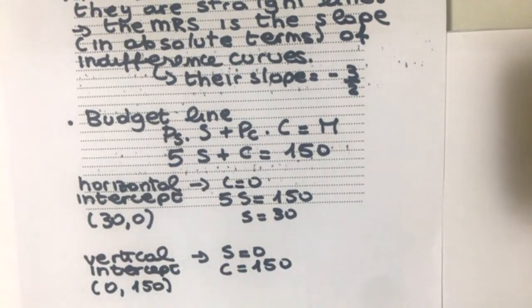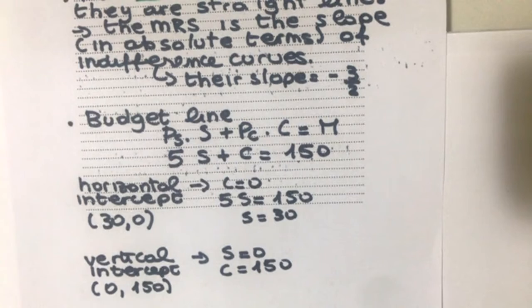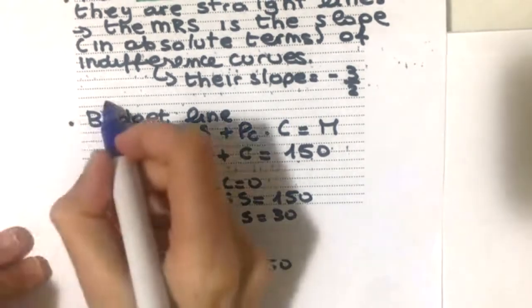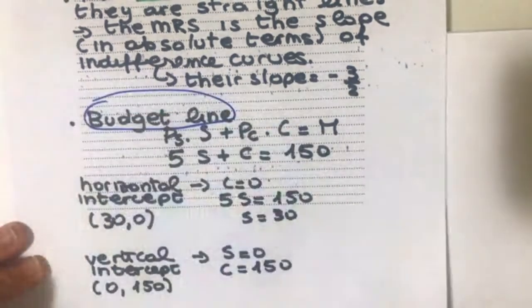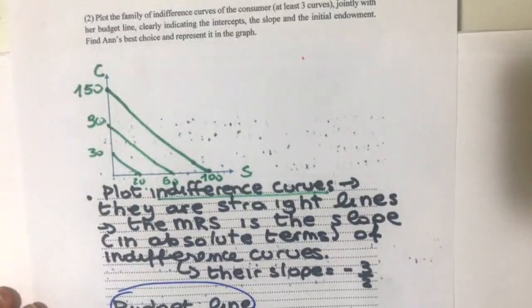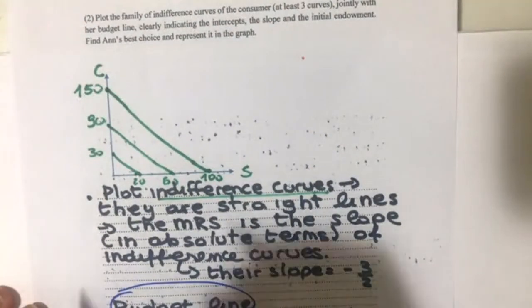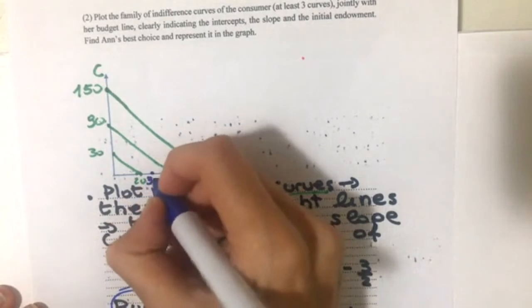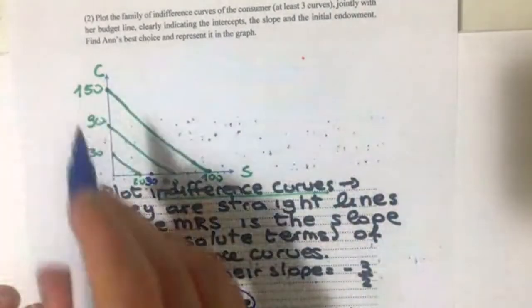Now we can draw it, and I now use the blue color. I go back here to my graph. Okay, I have 30, 0, so here, and 0, 150, that is already here.